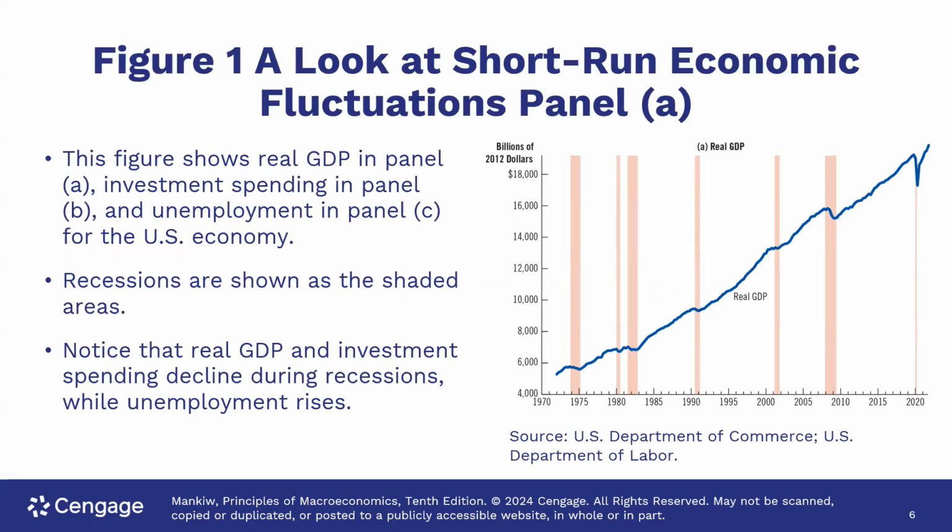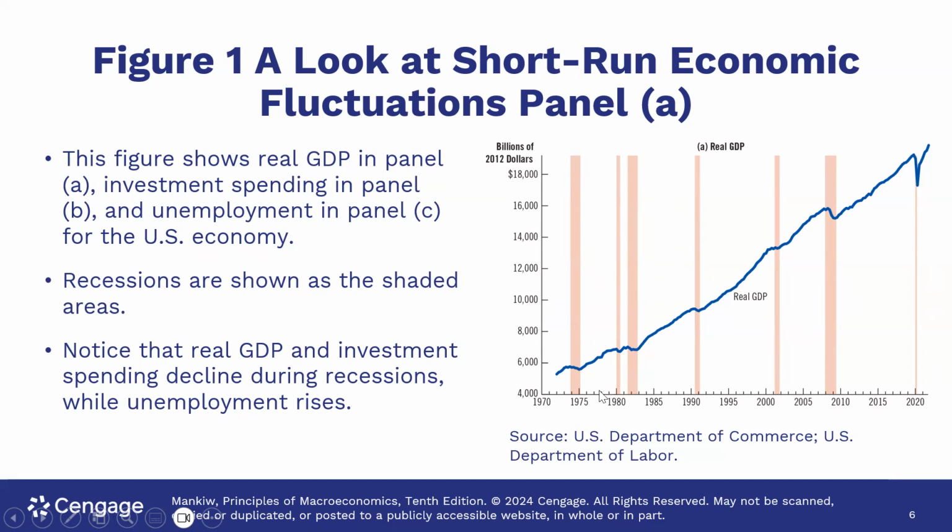So let's look at what happens in the economic fluctuations during the ups and downs of the economy. In this figure, we show the real GDP in panel A, and the next panel is unemployment, for the U.S. economy. All the recessions are shown as the shaded areas.